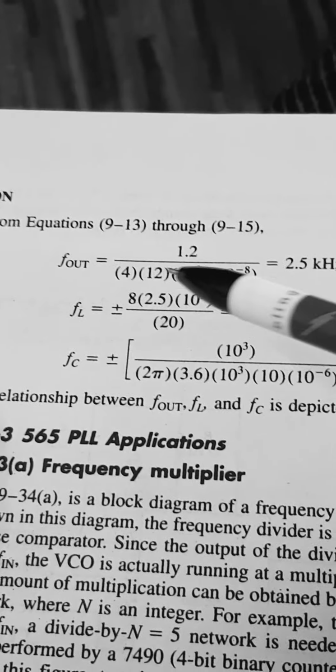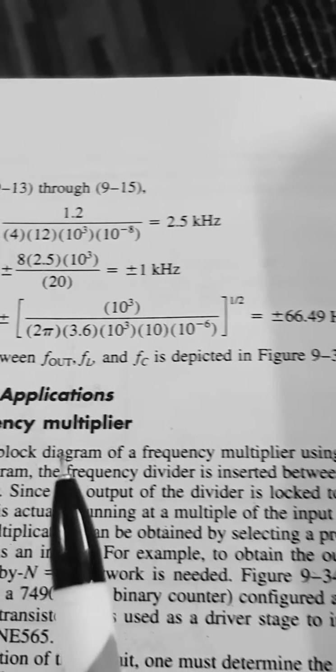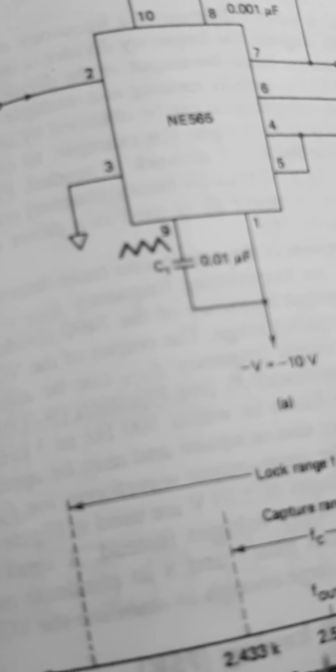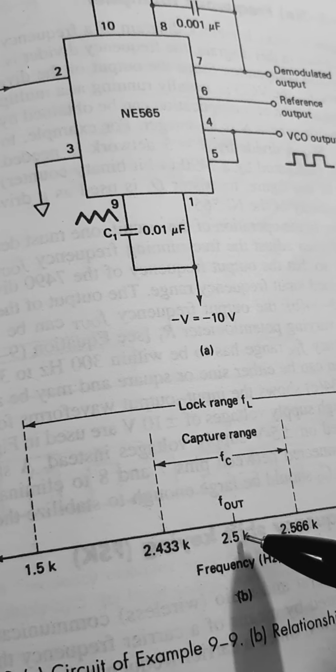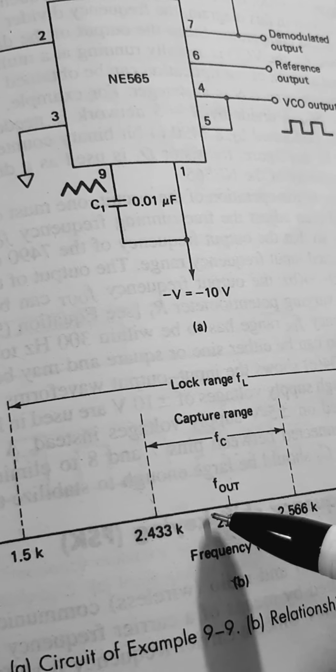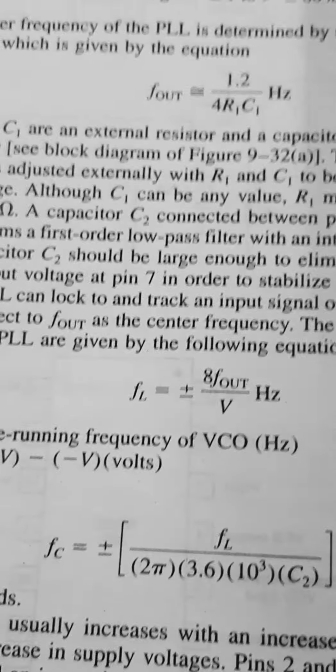So you have to substitute that, you will get 12 into 10 to the power of 3, and you get 2.5 kilohertz. That is marked as the free running frequency of the VCO output. You can mark it as 2.5 K at the center.